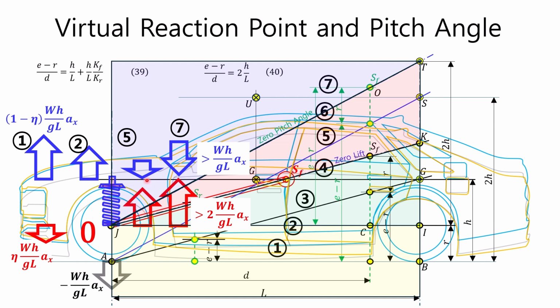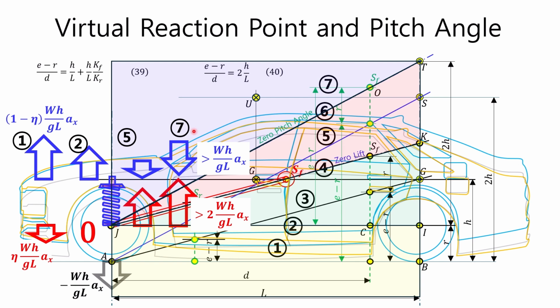Based on absolute values, the forces of the links are greater than the spring forces. In this case, the eta value is greater than 1 and less than 2. If a virtual reaction point exists in this region, the front ride height decreases. However, the front ride height is still higher than the rear ride height, so the vehicle stance is high at the front and low at the rear.